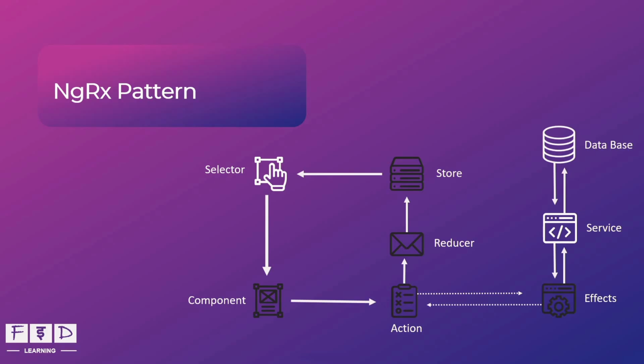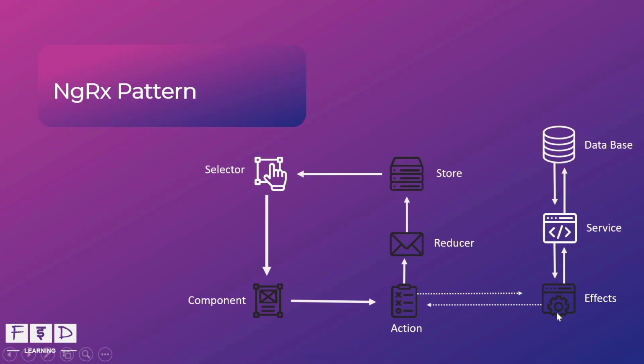I repeat, in NgRx, the state management lifecycle starts with an action being dispatched from the component, which triggers a reducer to update the state based on that action, and the updated state is then stored in the store. This is a centralized storage for the application state. Then components use selectors to retrieve the necessary state from the store and update their UI accordingly.